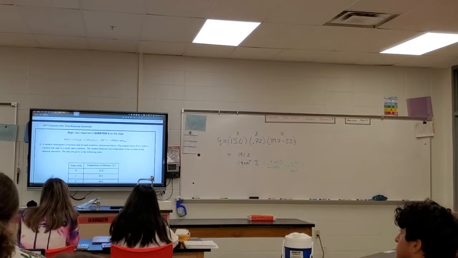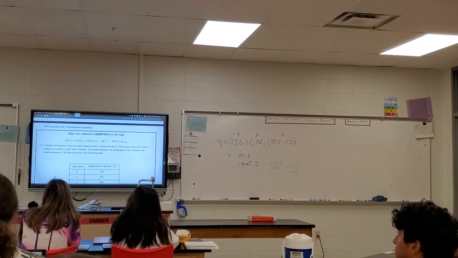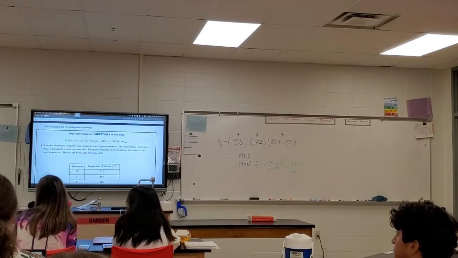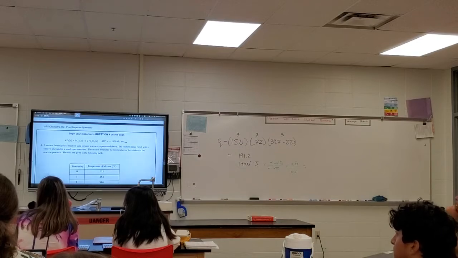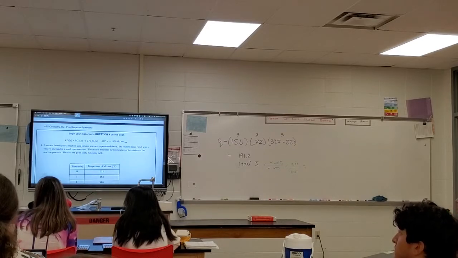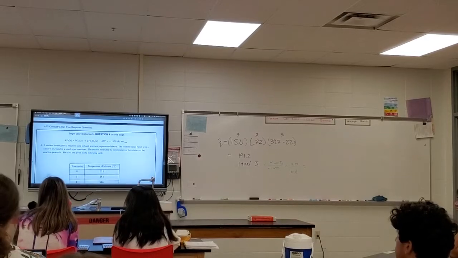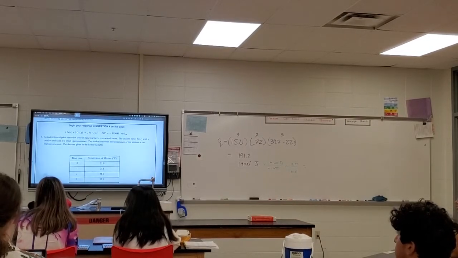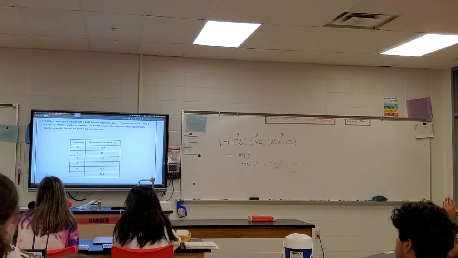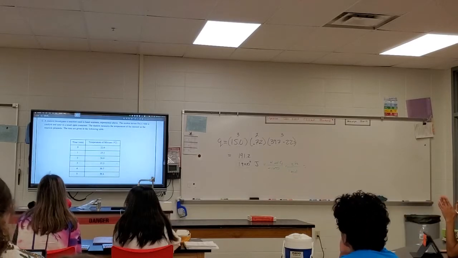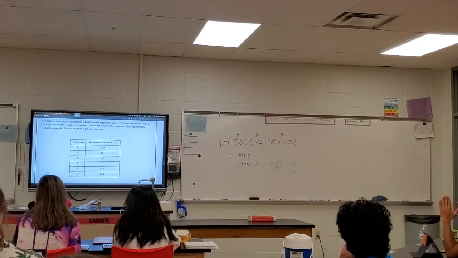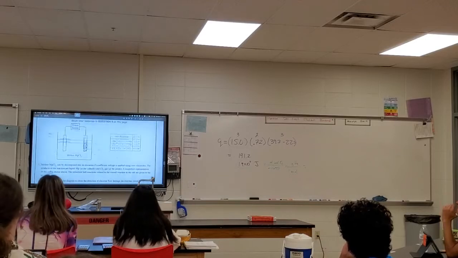If that hand warmer is the same in both instances, except for the amount of iron, the one with more iron is gonna have a larger temperature change because you've got more iron there to react. Does that make sense? Questions?